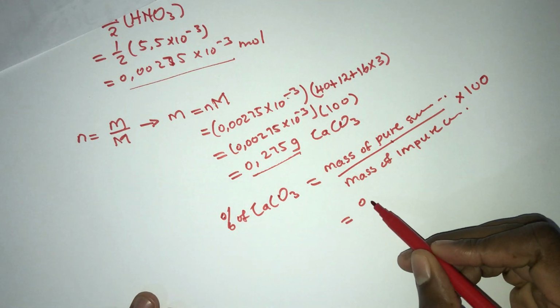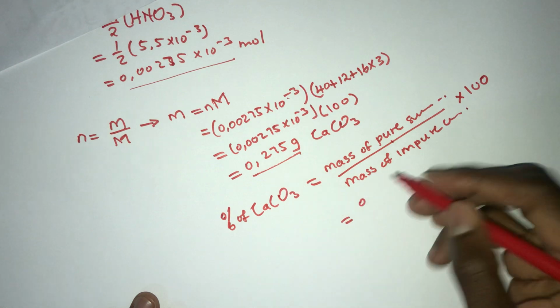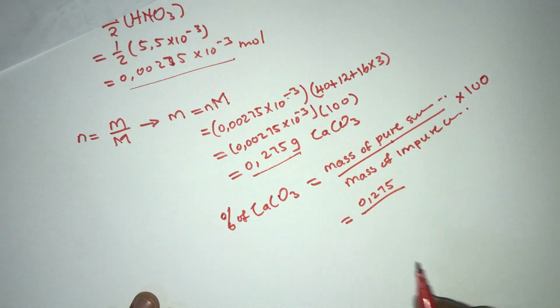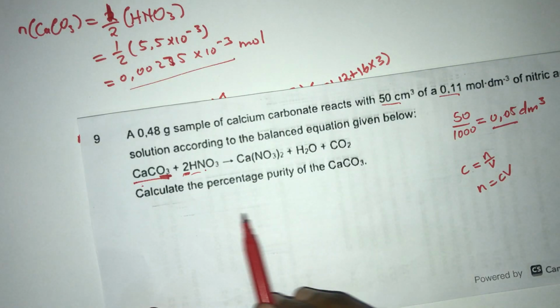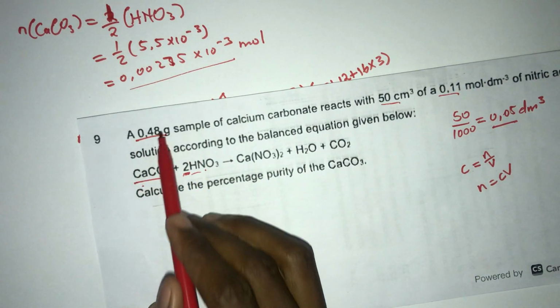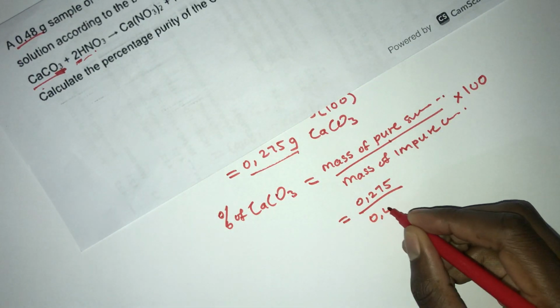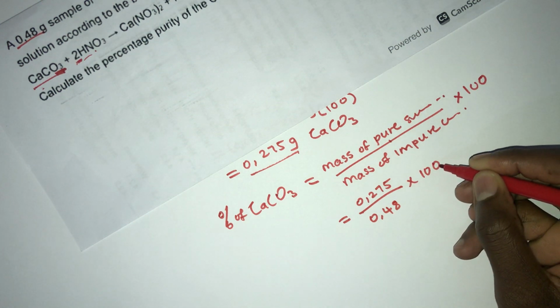The mass that we calculated is our pure substance, so this is 0.275 divided by the impure substance, which is the given mass from the statement, 0.48. Then we multiply by 100%.